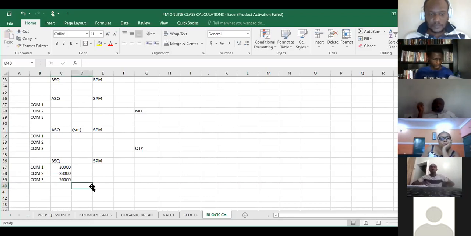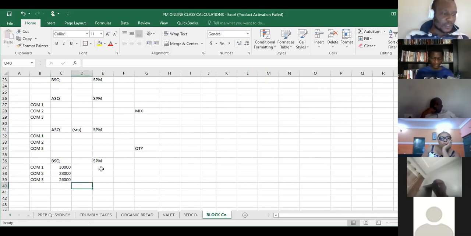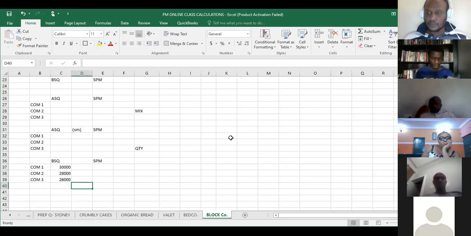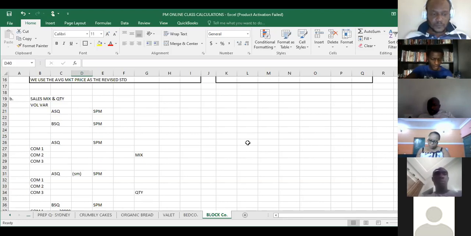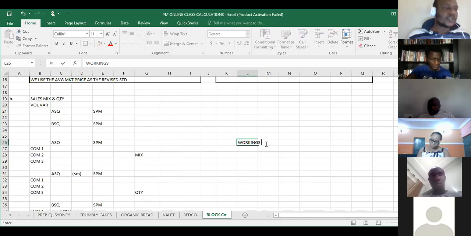All right, that would have been great until we get to standard profit margin. So how do we do our standard profit? Subtract variable costs from the standard selling price. All right, if you subtract variable cost from the standard selling price, you get contribution. But they asked us for profit, so there's a fixed cost somewhere.